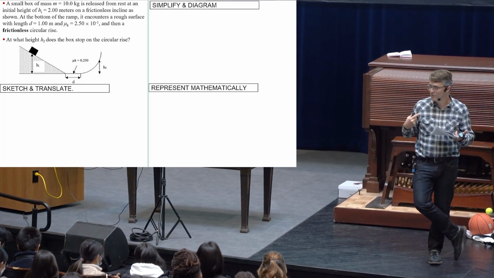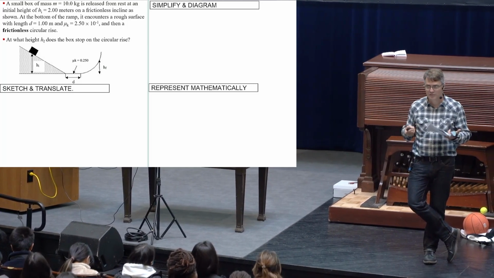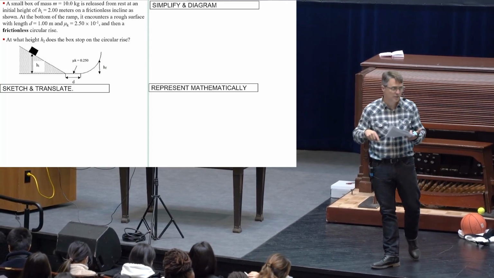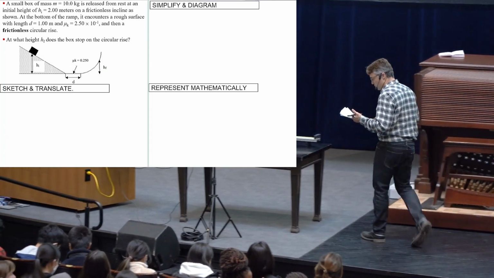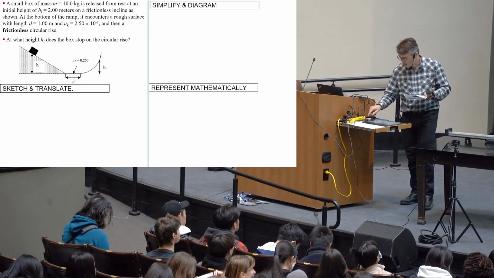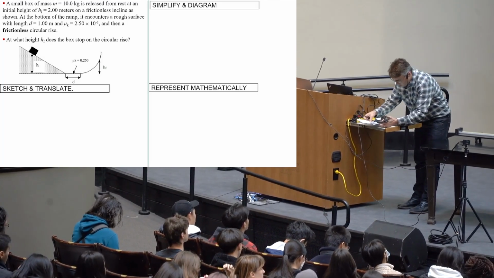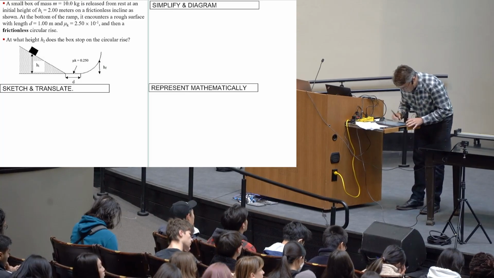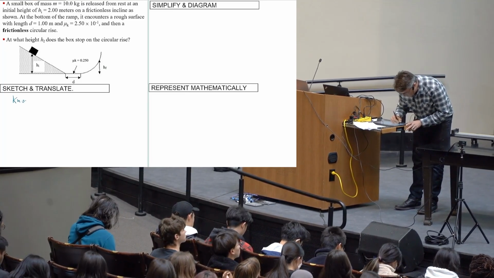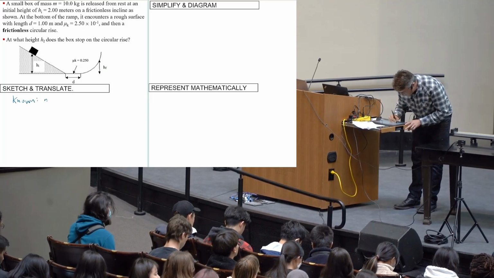You cannot do this question with kinematics, because you don't know any of the angles, and the circular part is not even constant acceleration. So this is really a chapter 7 problem that you have to work out using energy. We can start off with sketch and translate by listing our knowns.